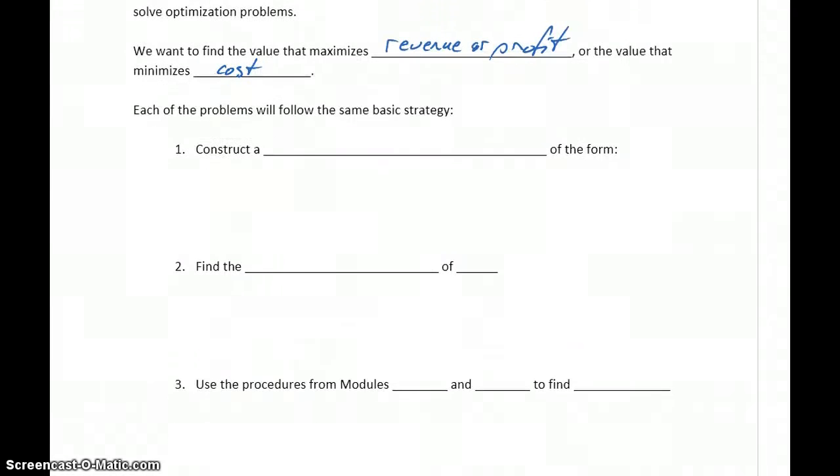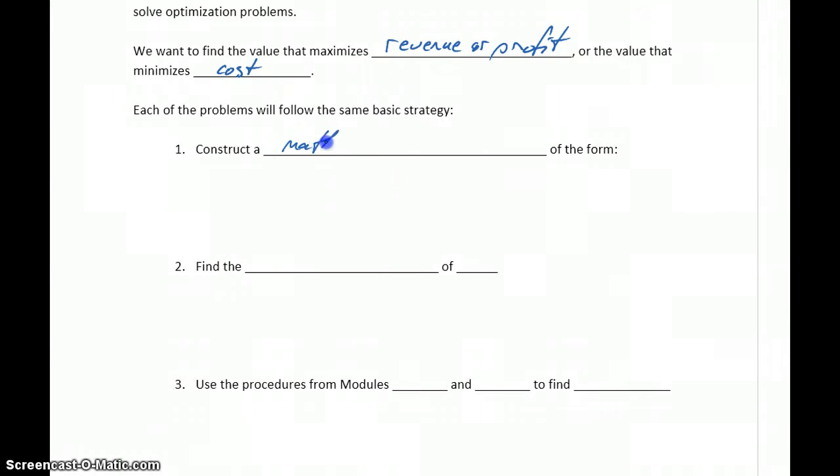So let's set up a basic strategy for solving these types of problems. Every one is going to be a little bit different, at least on the setup side. But once we have the setup completed, more or less we'll be following the same pattern for each problem.